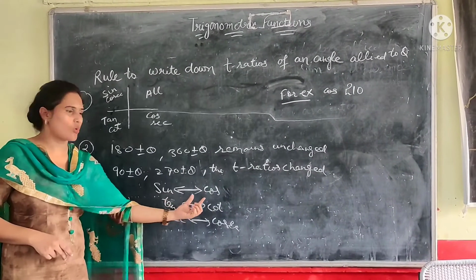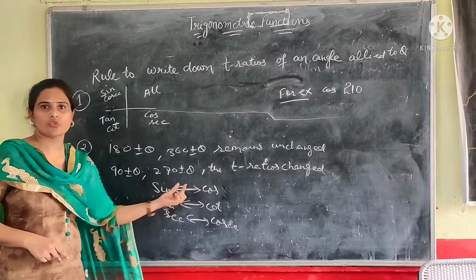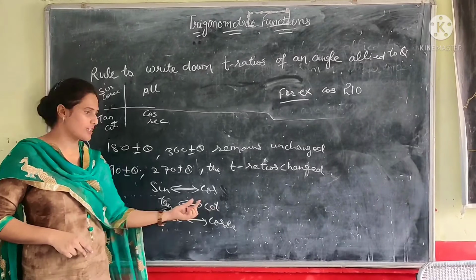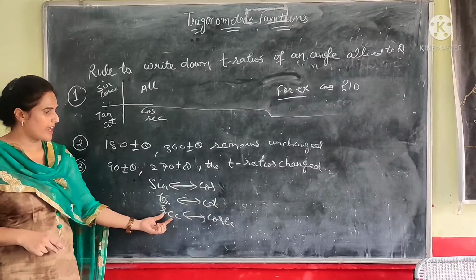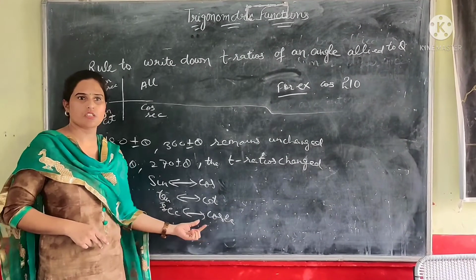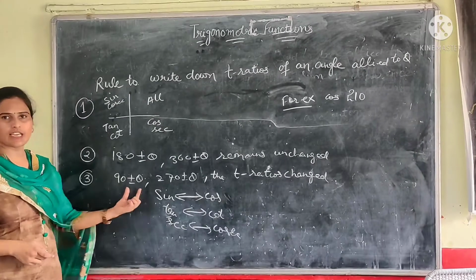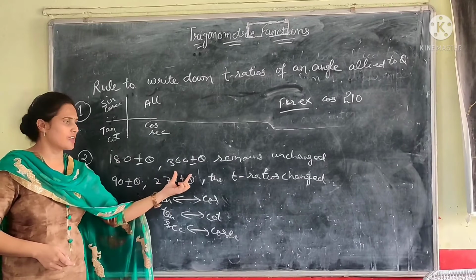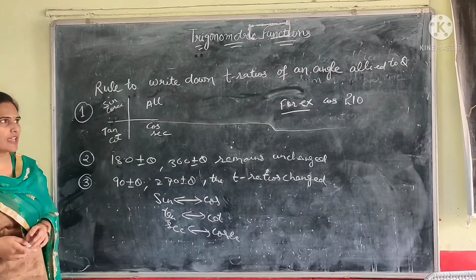Sine is changed into cos and cos is changed into sine. Similarly, tan is changed into cot and cot is changed into tan, and secant and cosecant are changed into each other, for 90 and 270, and for 180 and 360, the T ratios remain the same.